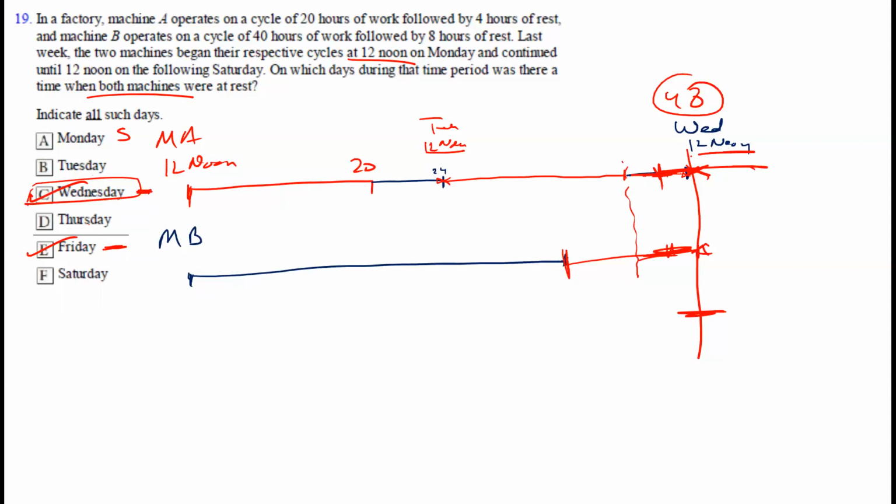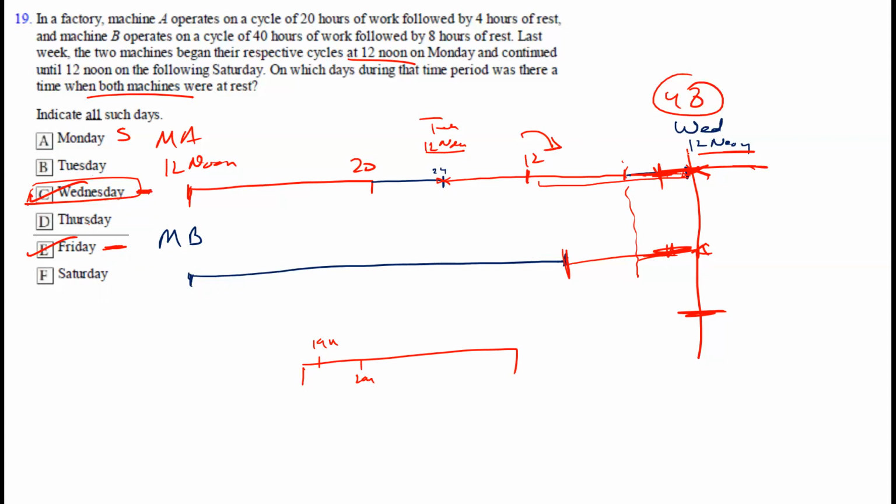So what is 12 noon? 12 noon is like 12 o'clock. If we have time frames, this is 1 a.m., 2 a.m. So this is 12 noon on Tuesday. 12 hours later, Wednesday is going to start, and again after 12 hours, there would be Wednesday noon.